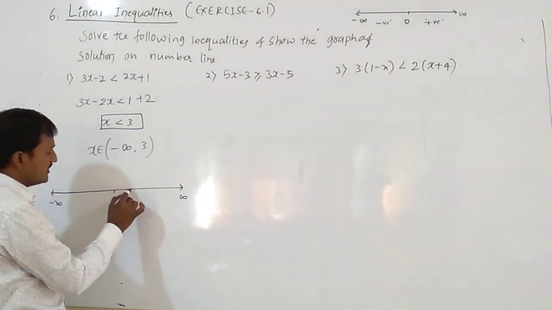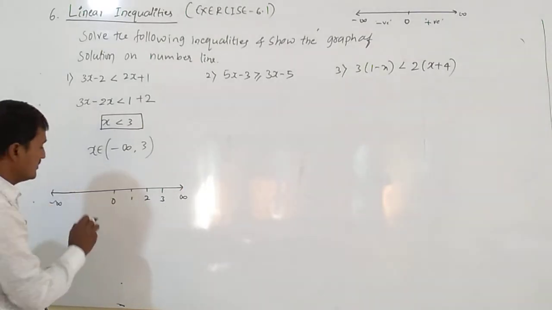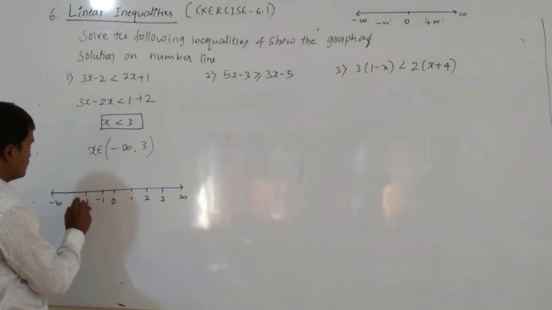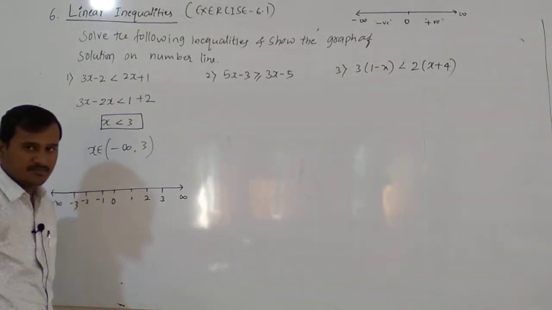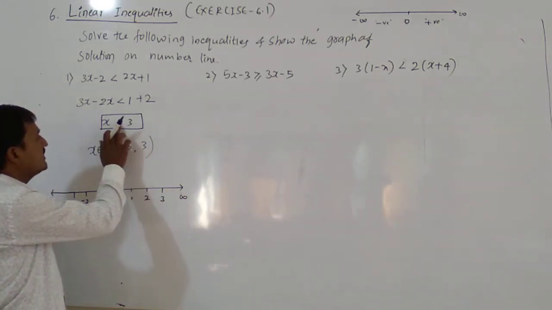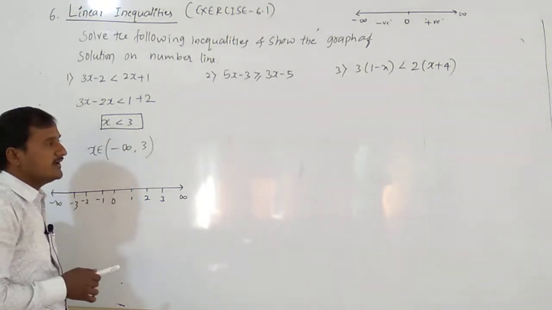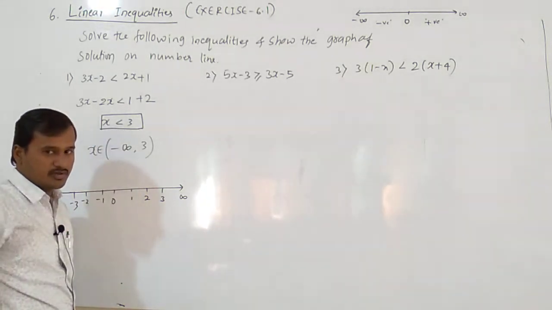On the right side of the number line, 1, 2, 3, 4 and so on; minus 1, minus 2, and here it is minus 3, up to minus infinity. So here it is a less than. If it is a less than, clearly it is open.